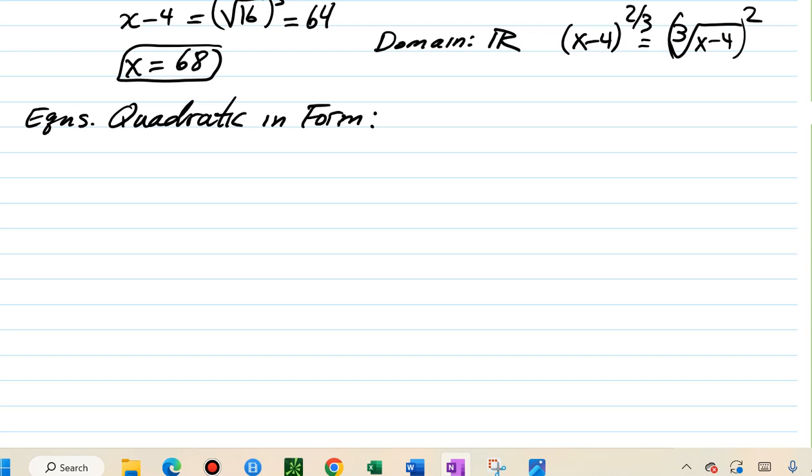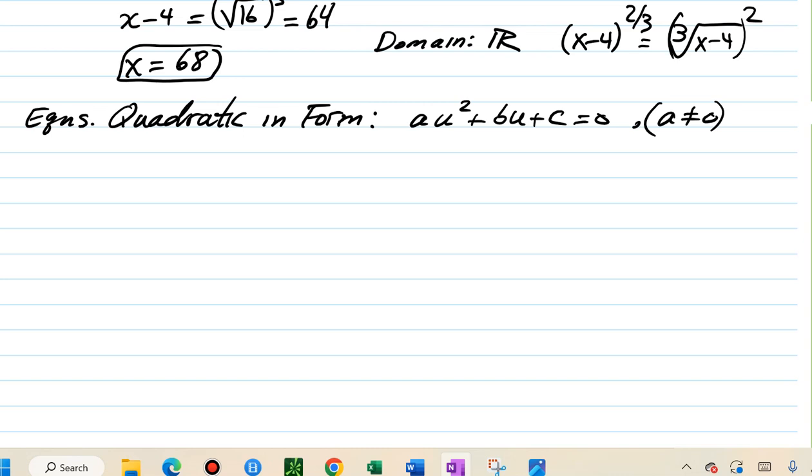So what is quadratic in form? An equation that can be written in this form: au squared plus bu plus c equals 0. Here a can't be 0. If a is 0, we don't have a quadratic. That's why a can't be 0.